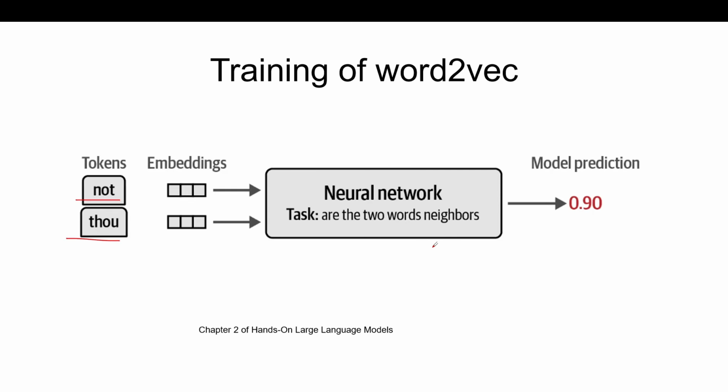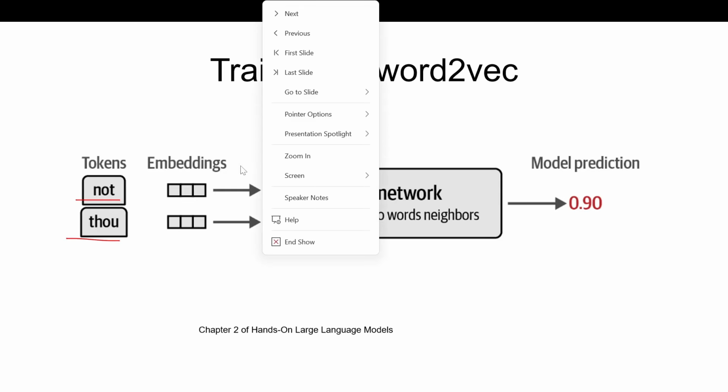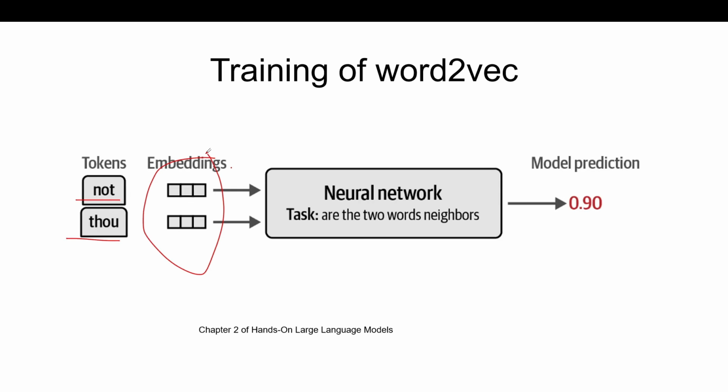If they are negative pairs, meaning they do not appear in the same neighborhood, then the model should say this is not a positive pair, they are not neighbors. By doing this, the model will figure out a way to encode embeddings such that neighboring words are more likely to be similar to each other, and non-neighboring words have very different embeddings. That's how we get word2vec embeddings.